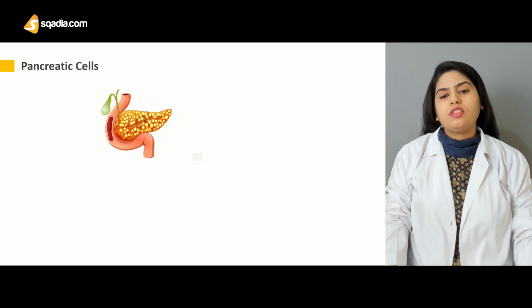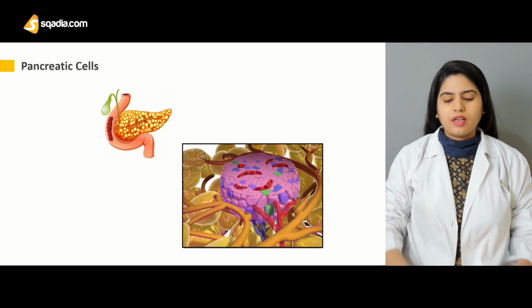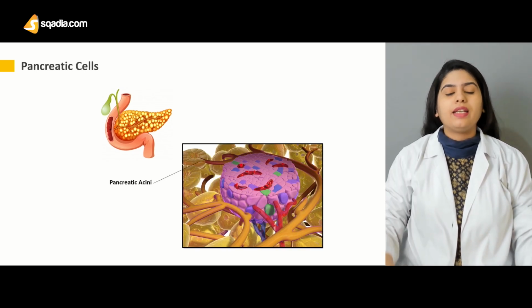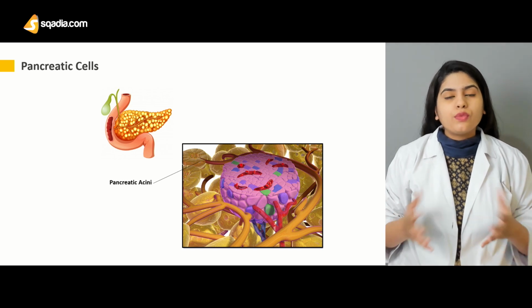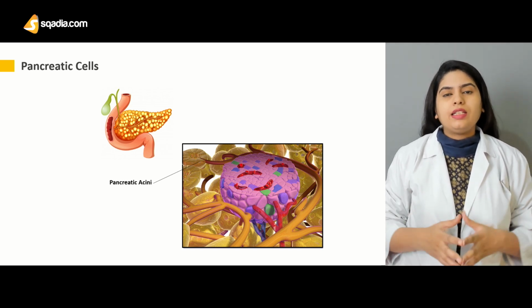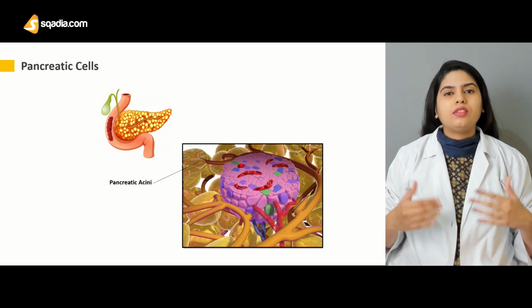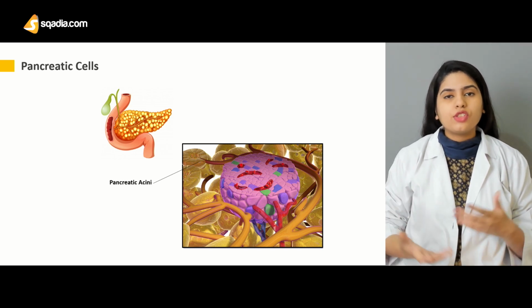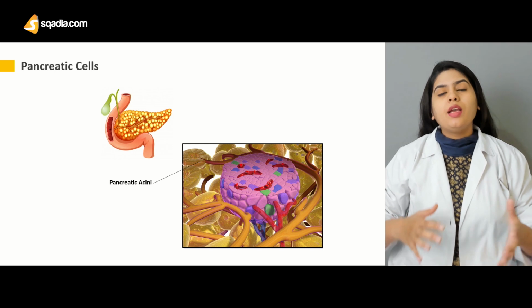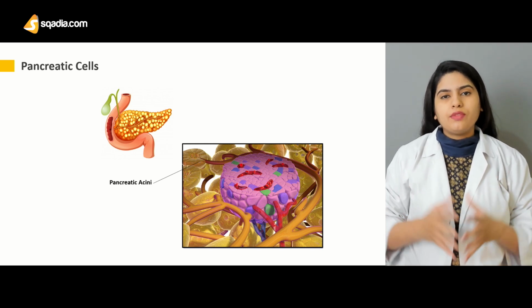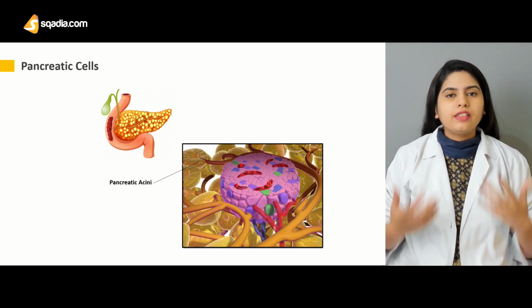If we just look at the cross section of the pancreas, there are the pancreatic acini, the role of which is to release the lipases that will help in the digestion of food, that is, they perform the exocrine function and assist in digestion.